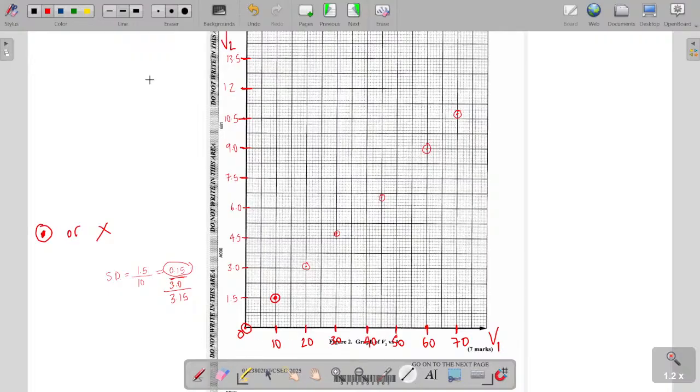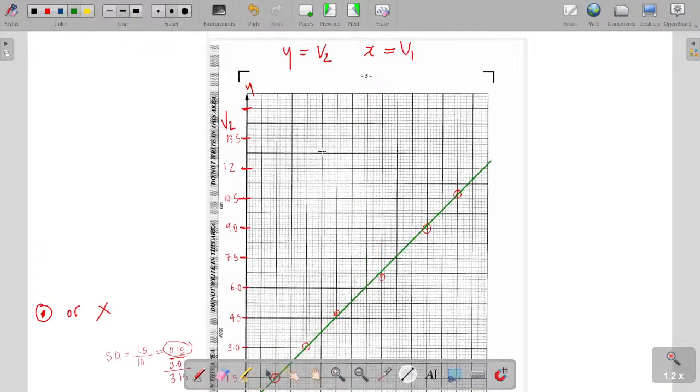A line of best fit should be a line that goes through as many points as possible and follows the trend of all the points. Alright, so my line of best fit is that line.